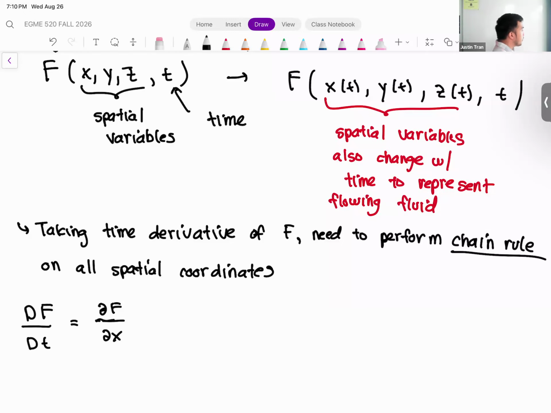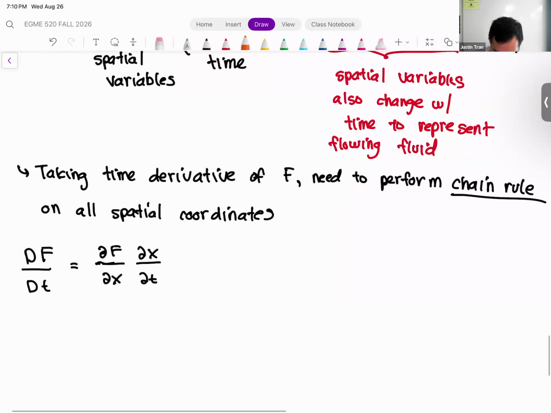But then since x is a function of time, and we're taking the derivative with respect to time, due to chain rule, we have to multiply this by the derivative of x with respect to time. So the first term in our chain rule material derivative expression is partial f partial x times partial x partial t.